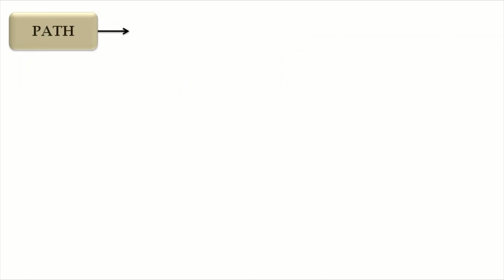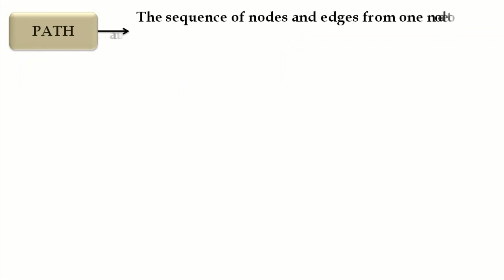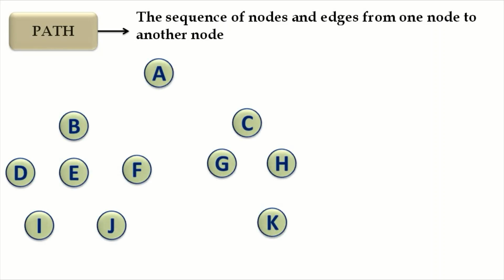Next, path. The sequence of nodes and edges from one node to another node gives the path. So let us identify a path from root node to leaf node. Here these are the nodes connected by edges.